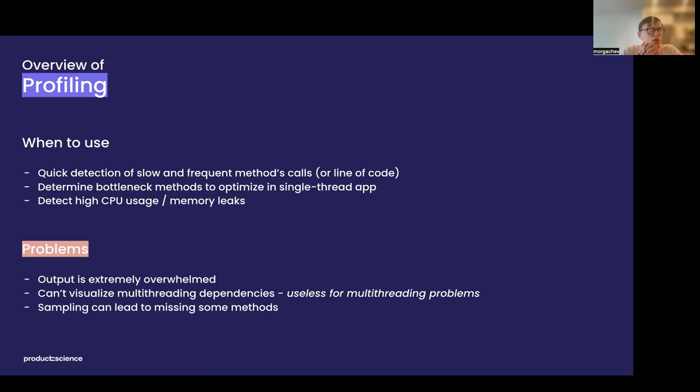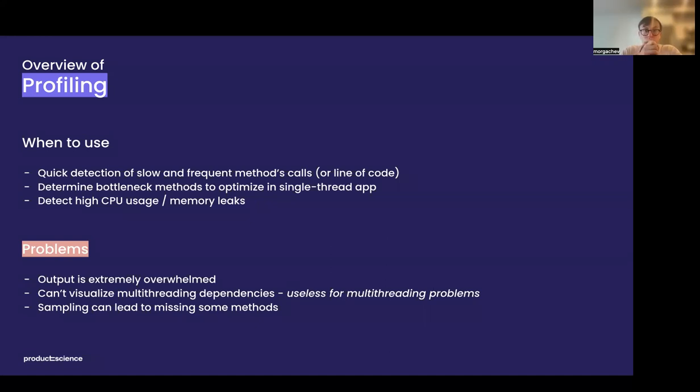When is it good to use such a tool? It's a really quick approach to detect slow, frequent method calls. In some profilers, it even allows you to measure this data per line of code.